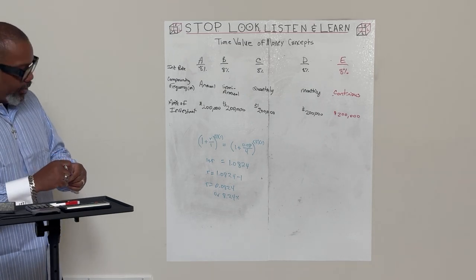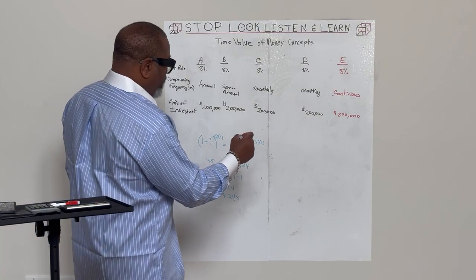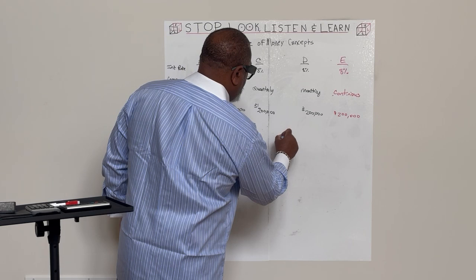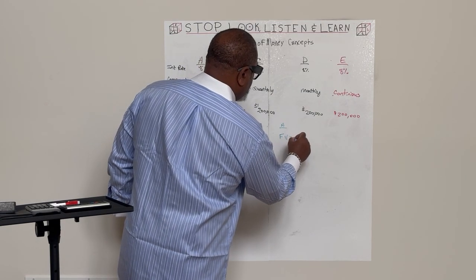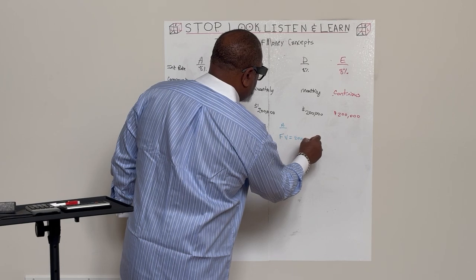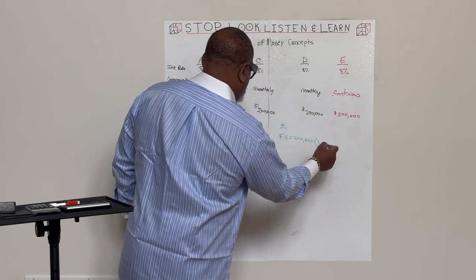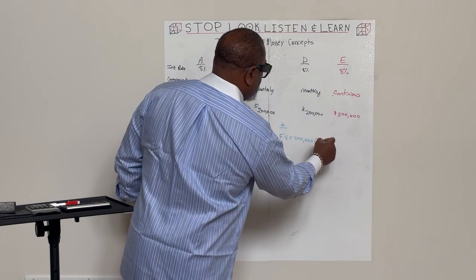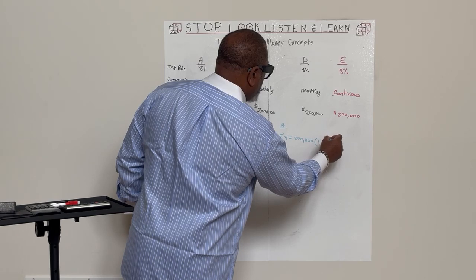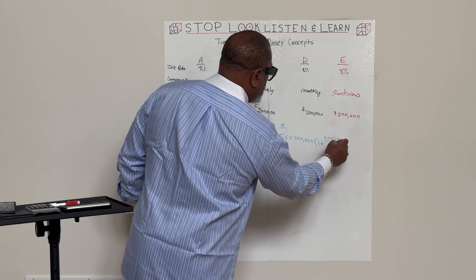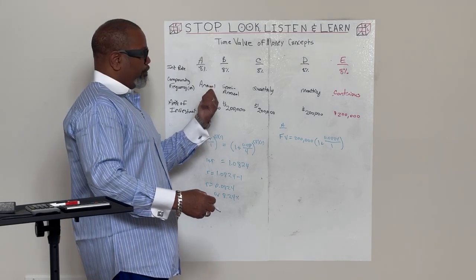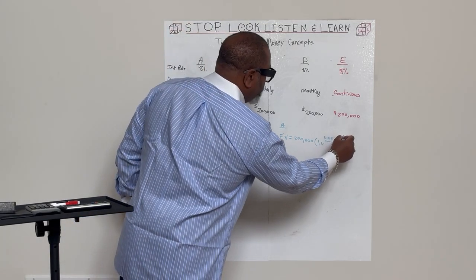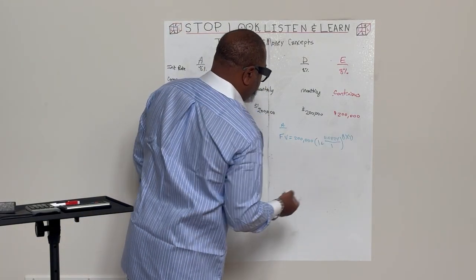So let's come over here. So if we say, what's the future value going to be? So this is going to be A. And we're going to invest 200,000, and we're going to get a rate of 0.0824 divided by 1, because remember that she can't change the compounding frequency. And so that's going to be 1 times 1, which is 1.